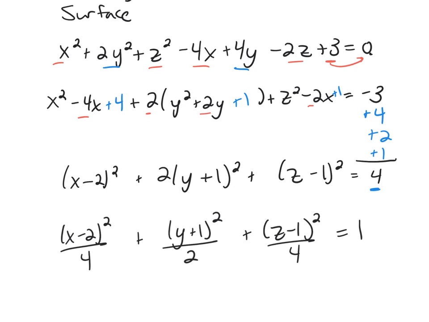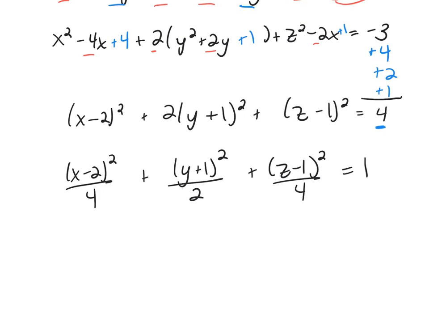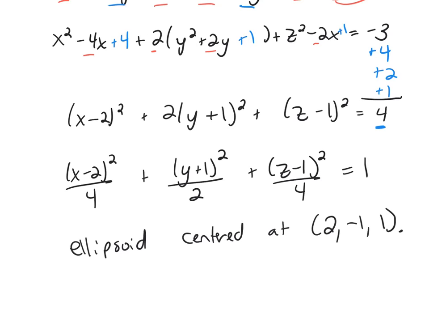So now, if you look back at your list in your table, you should identify that this is an ellipsoid, and it's centered at the point 2, negative 1, 1.